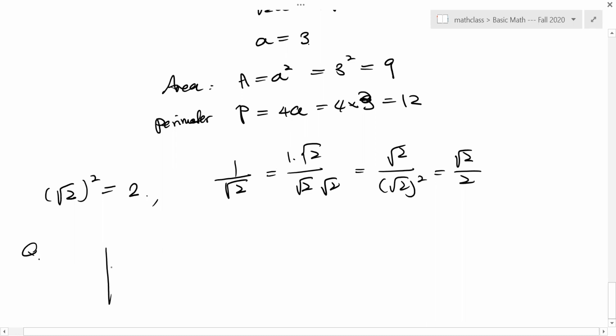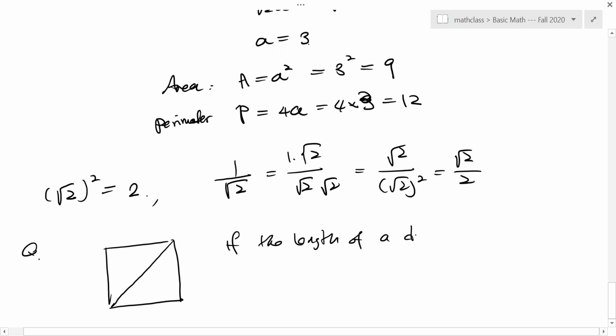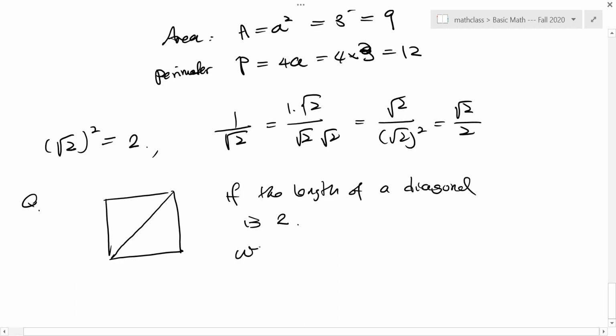I'm given a square. If the length of the diagonal is going to be 2, what is the area?